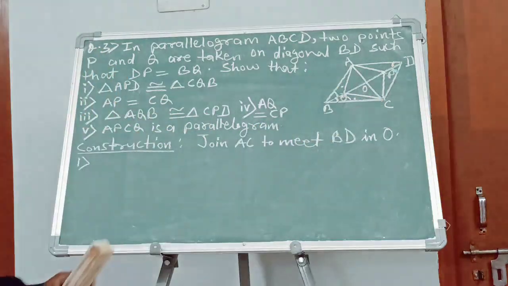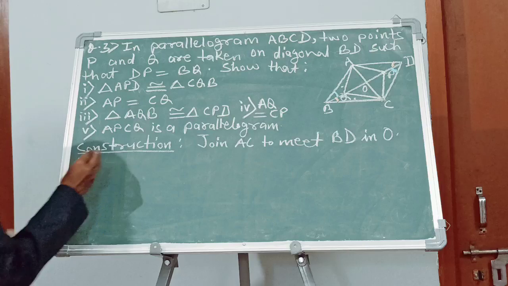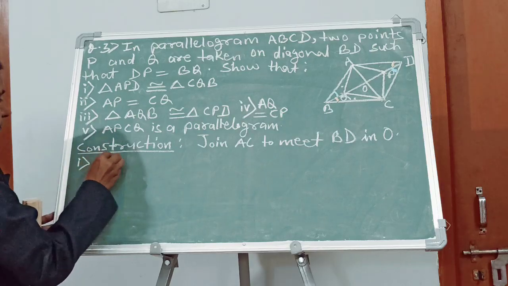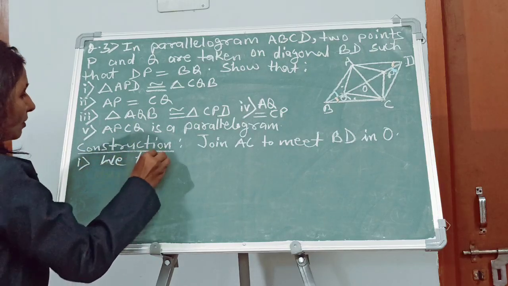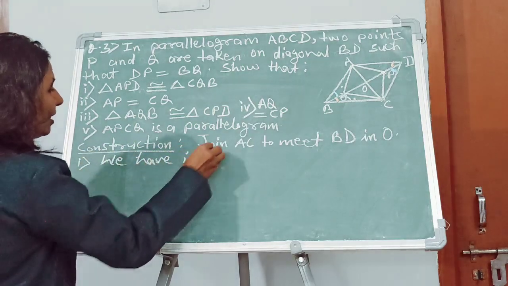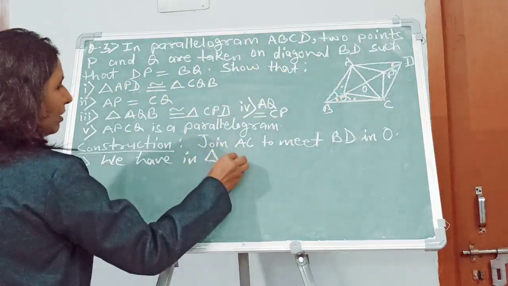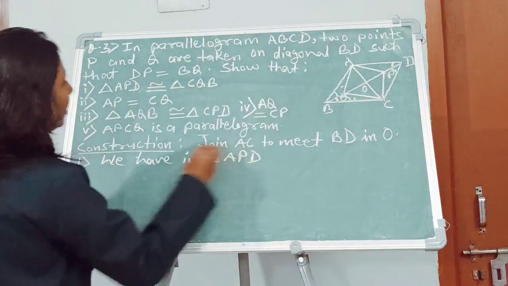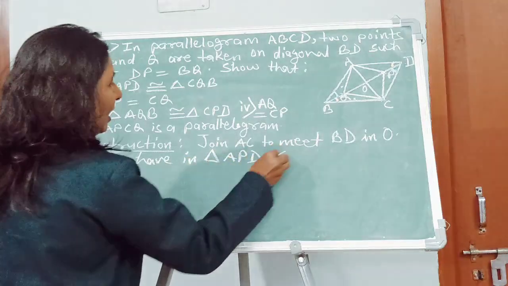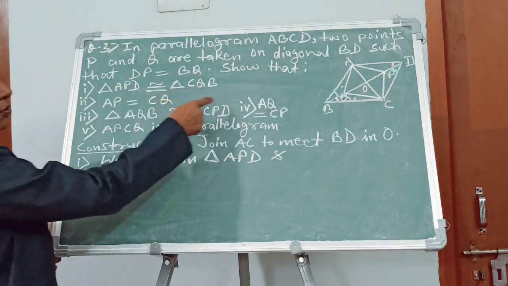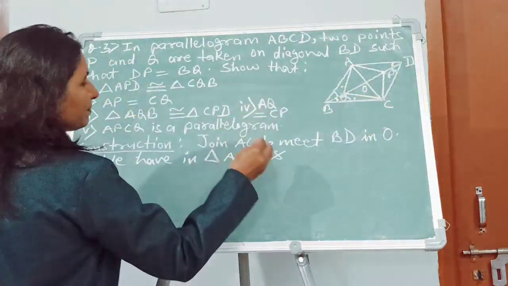We have to show these congruent. So we have, in triangle APD and triangle CQB.